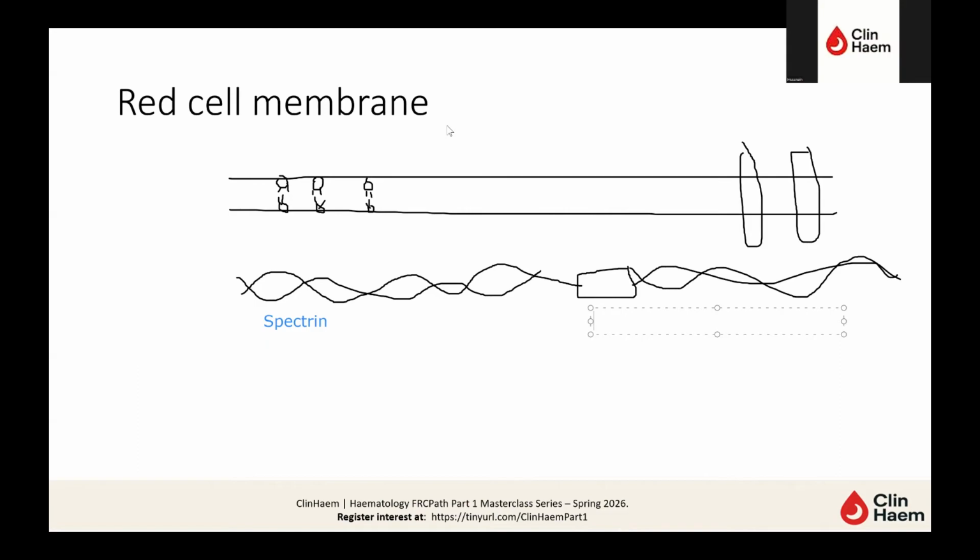Okay, and they're held together by actin. So what happens is that the red cell membrane is supposed to be anchored to the cytoplasm through this.